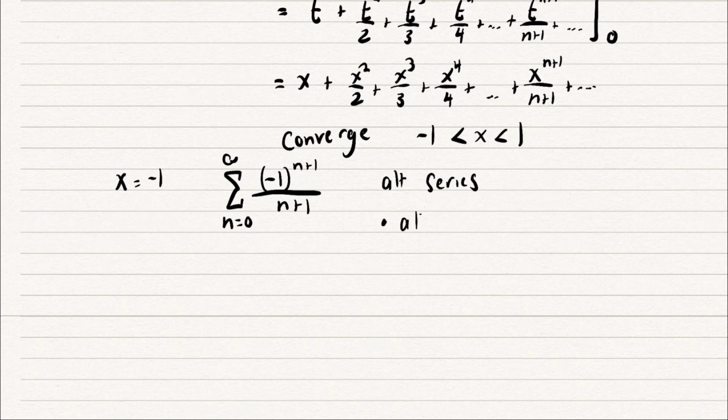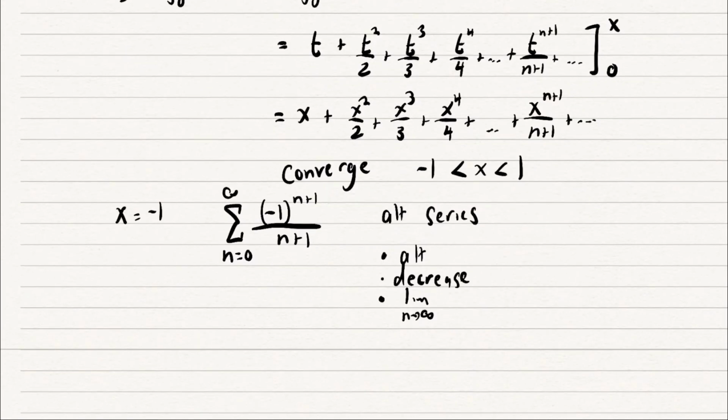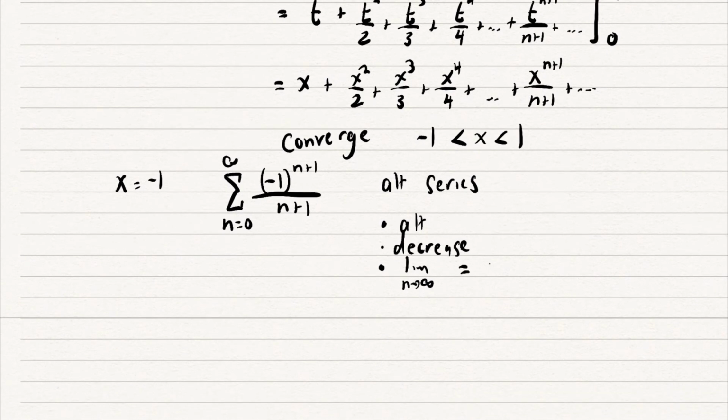So it alternates. Does it decrease in value? Well, if I keep increasing the n value in the denominator, it still ends up giving me a smaller and smaller number. And does it eventually go to 0? So the limit as n goes to infinity of this specific type of function does actually go to 0.